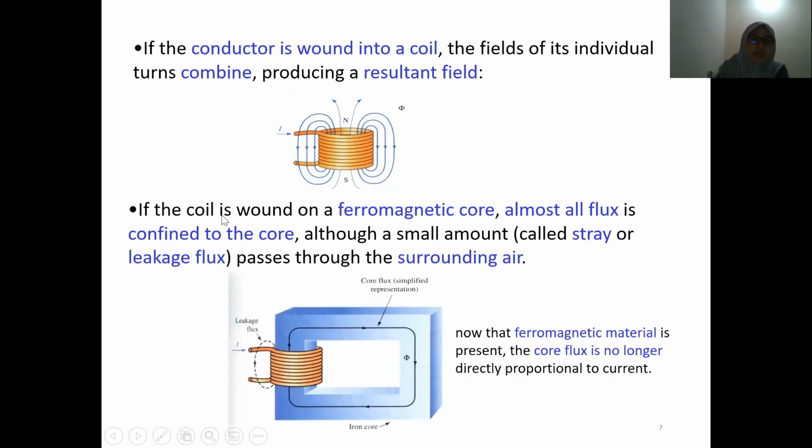If the coil is wound on a ferromagnetic core, almost all the flux is confined to the core, although a small amount, called stray or leakage flux, passes through the surrounding air.